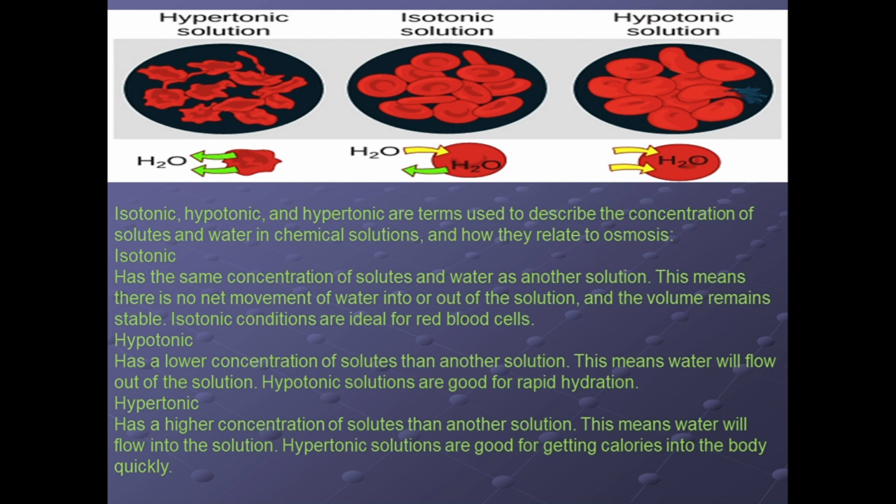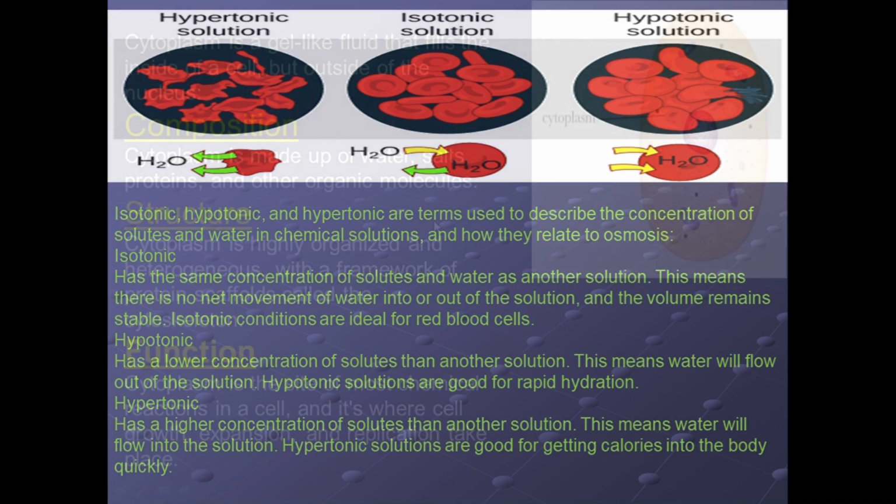This process is called plasmolysis. So the hypotonic, isotonic and hypertonic solutions depend on the flow of water from higher concentration to lower concentration.